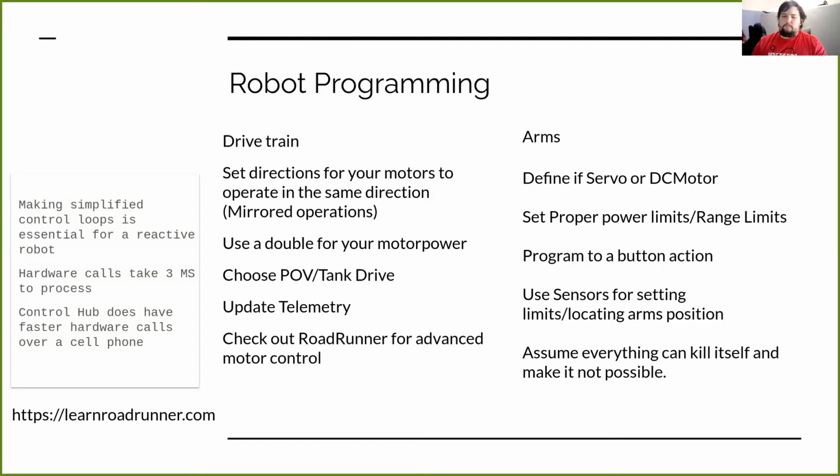You can set what direction your motors are. So if you set one motor to forward and one motor to reverse, and you pass a positive integer for the power, they're both going to go the same direction, because if a motor is reversed, it's actually going to make that into a negative number. Does that make sense?